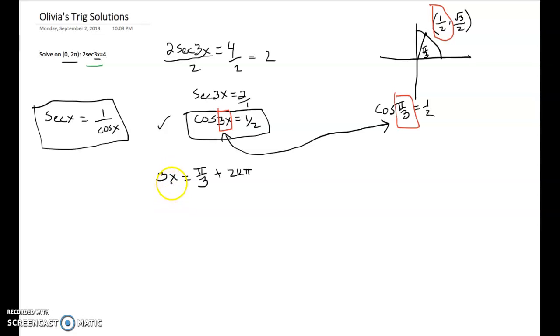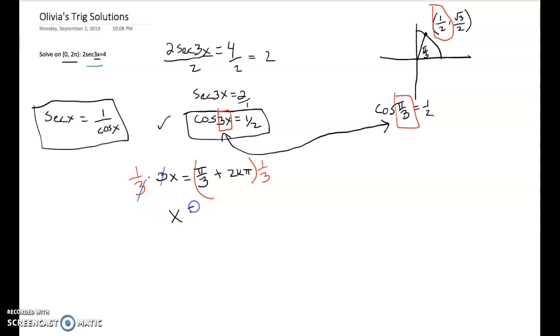It says solve on 0 to 2 pi, so what we need to do is solve for x. I'm going to multiply both sides by a third in order to solve for x, which allows us to cancel and get our plain old x.